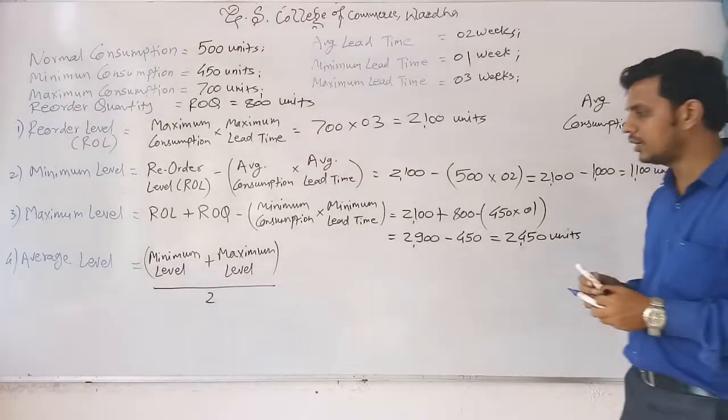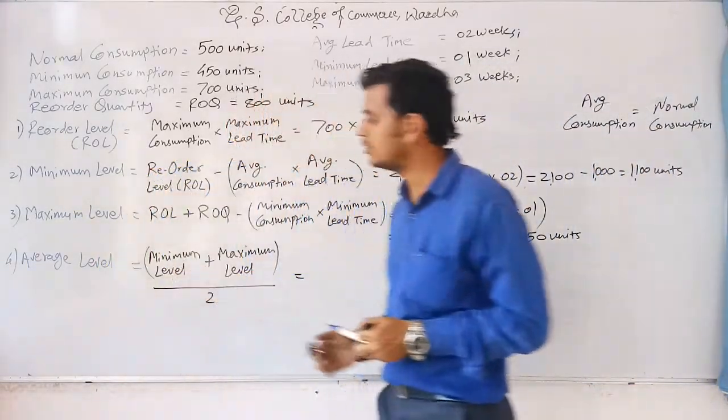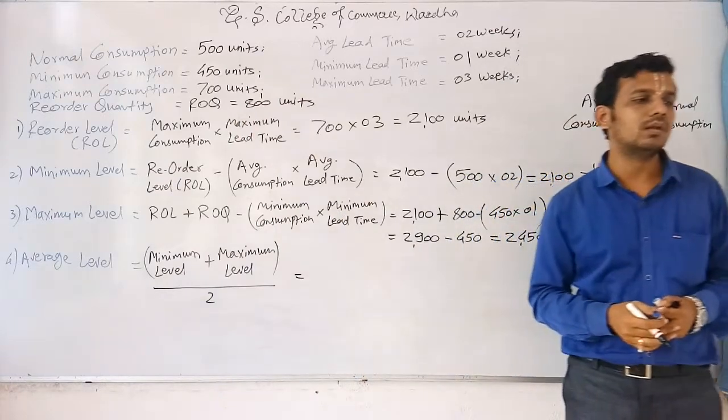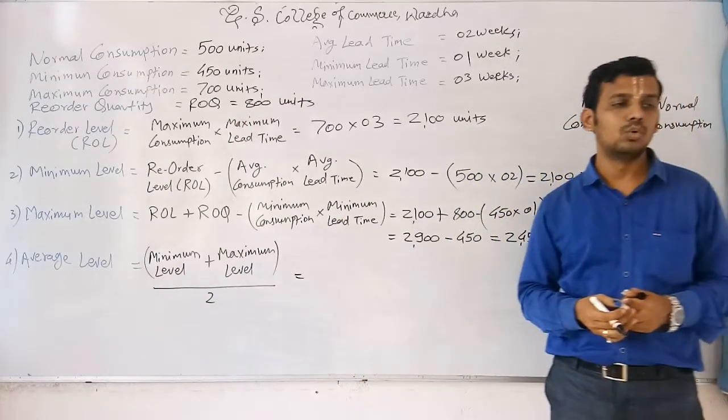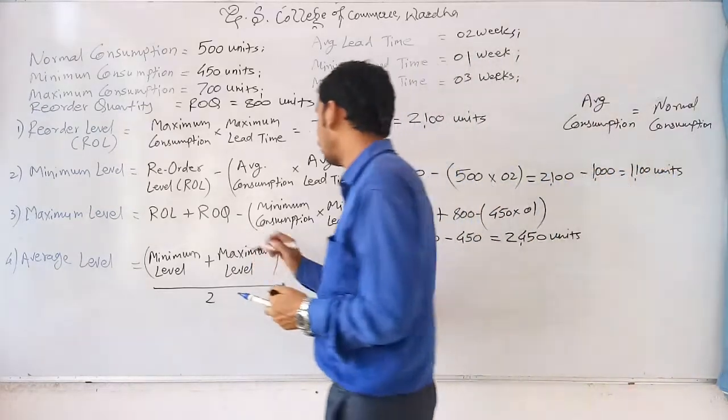Now we will calculate average level of stock. The formula for calculation of average level of stock is minimum level plus maximum level divided by 2. Hence we put the values in it.